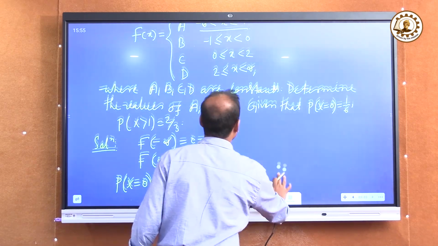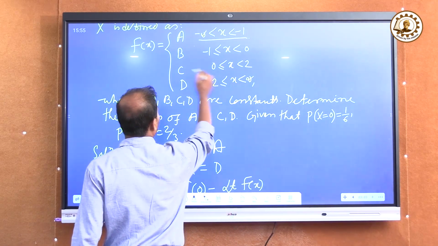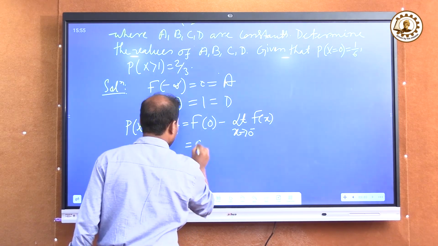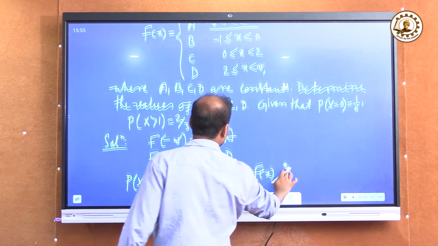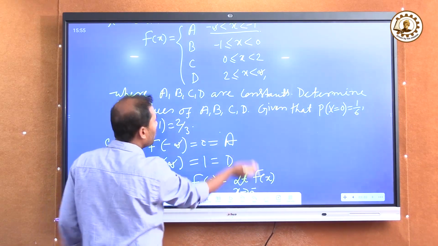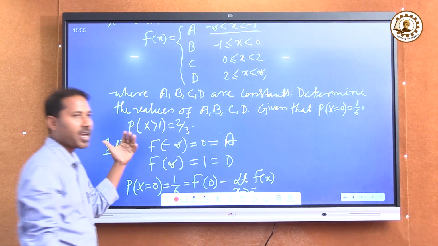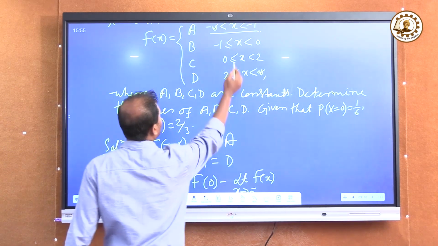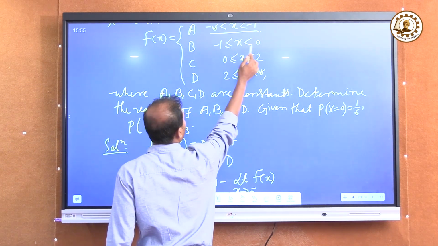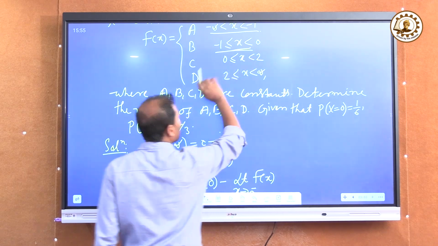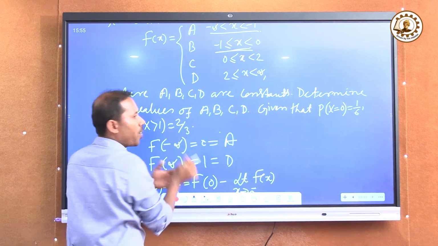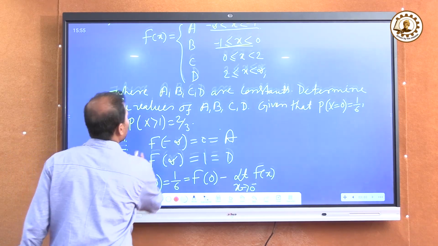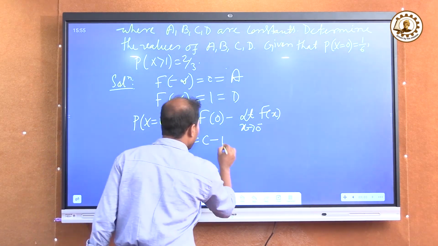F of 0 is c, and the limiting value from the left side of 0 is b, the value on the interval minus 1 to 0. So that is c minus b.